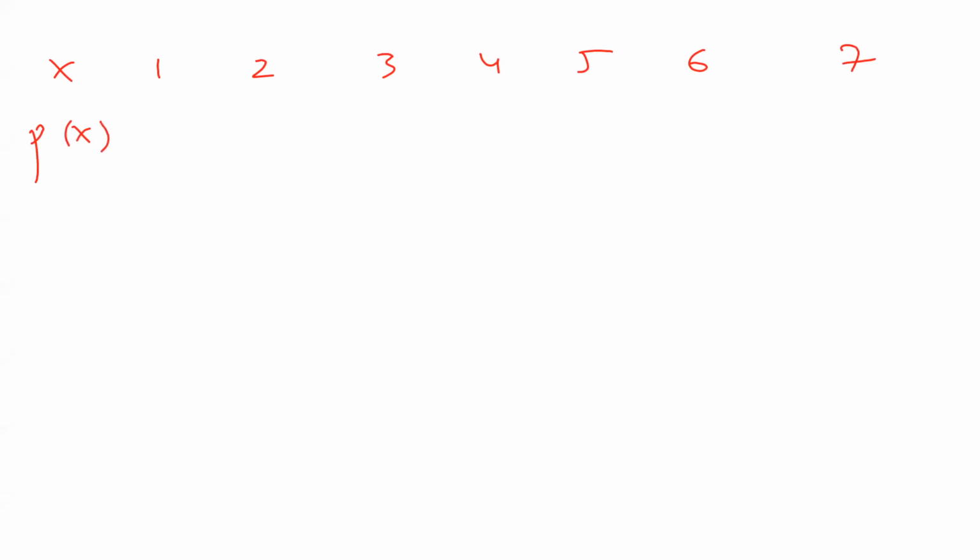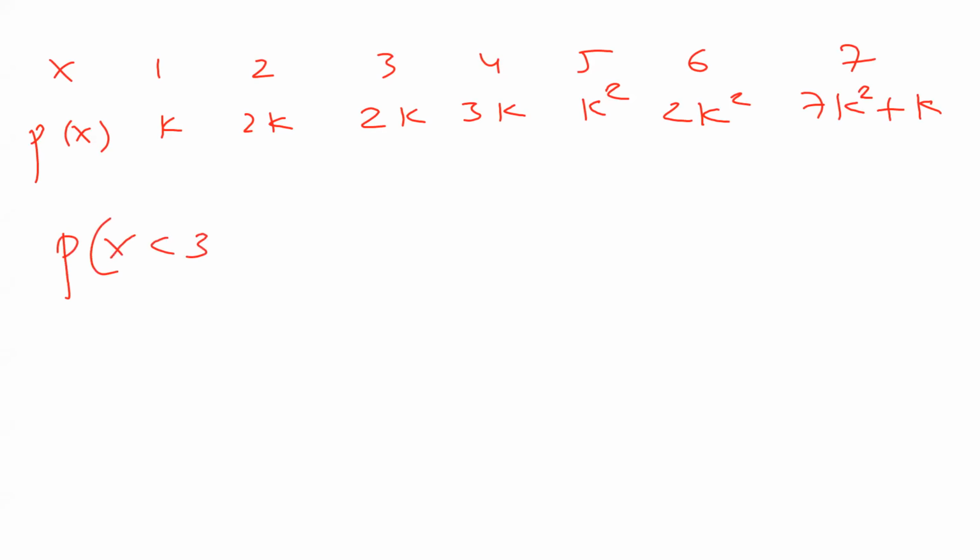P of x is k, 2k, 2k, 3k, k square, 2k square, 7k square plus k, right? So they're asking P of x less than 3.